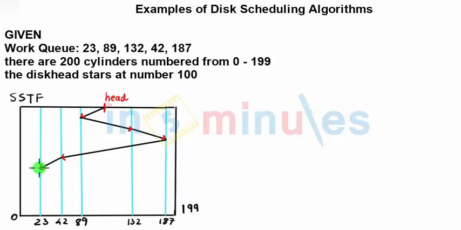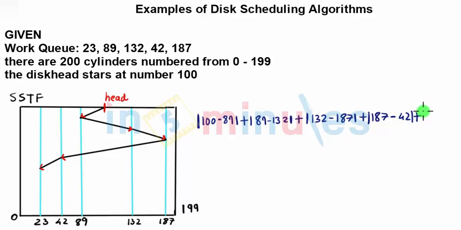If we do the seek time calculations, it would be starting from 100 minus 89, plus from 89 to 132, plus from 132 to 187, plus from 187 a big jump to 42, and from 42 to the final 23.